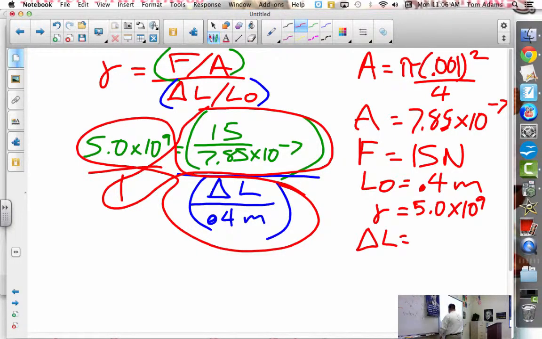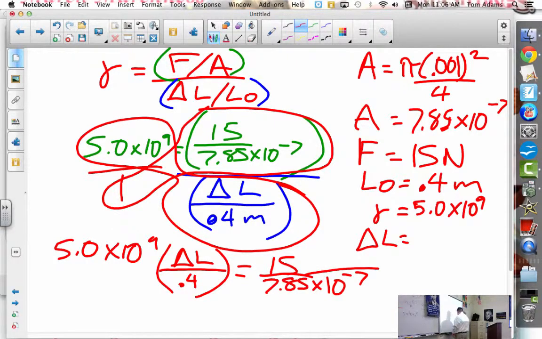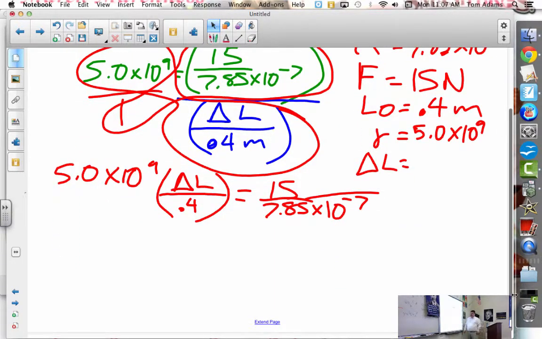So I'm going to say 5.0 times 10 to the 9th times the quantity delta L all over 0.4 is equal to 1 times this stuff, 15 over 7.85 times 10 to the negative 7. It looks messier than what it really is.